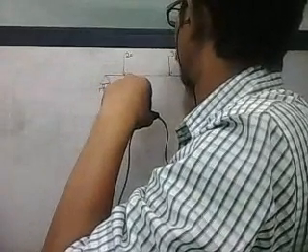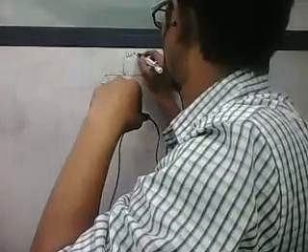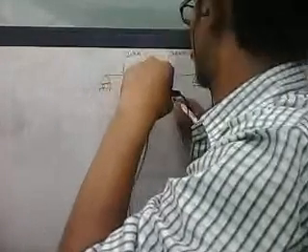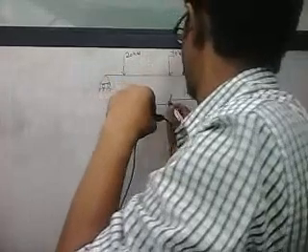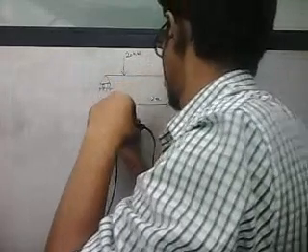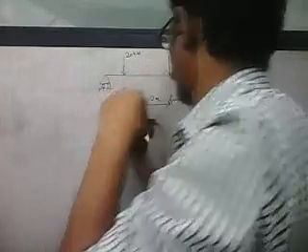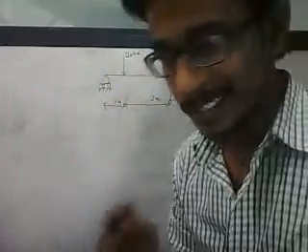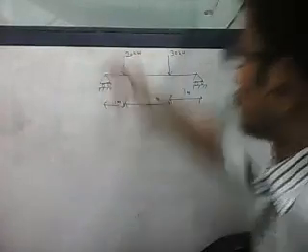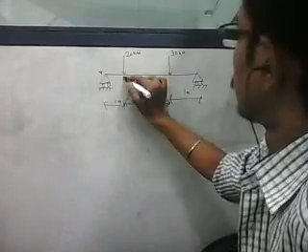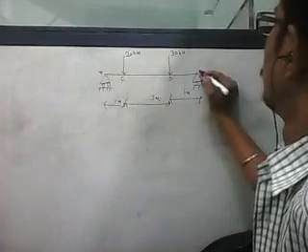The spacing is 1 meter, then 2 meter, then 1 meter. Is the question clear? Naming the points A, C, D, B.